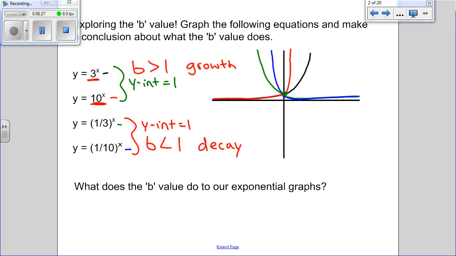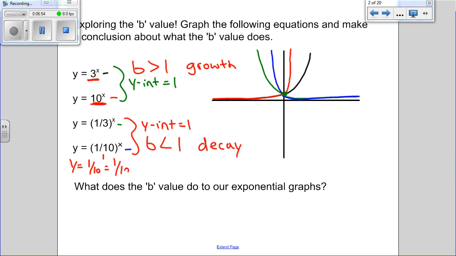Yeah, Jay. So, I don't know if you already said this, but why does it come down? Why does it come down? Yeah. So if you think about it, let's look at just this one. y equals 1 over 10 with our x. So if I made x equal to 1, it would equal 1 over 10, correct?